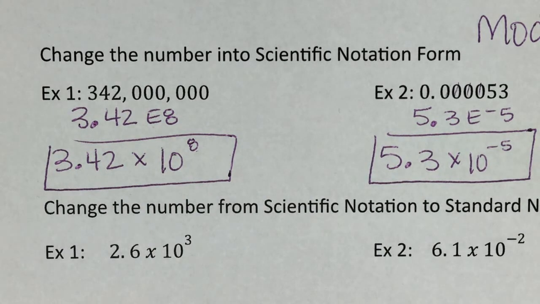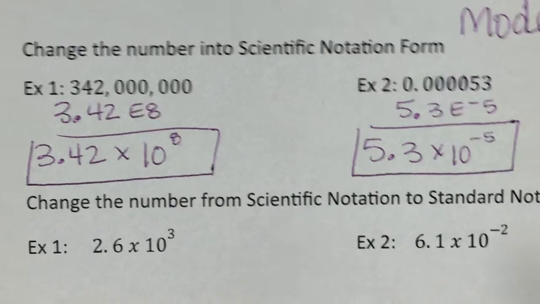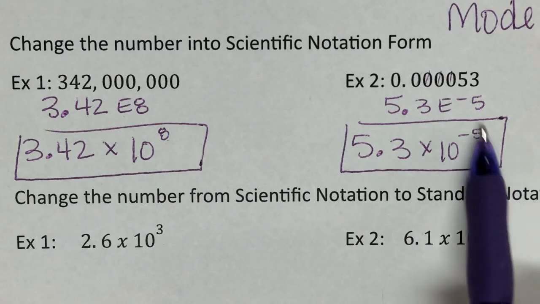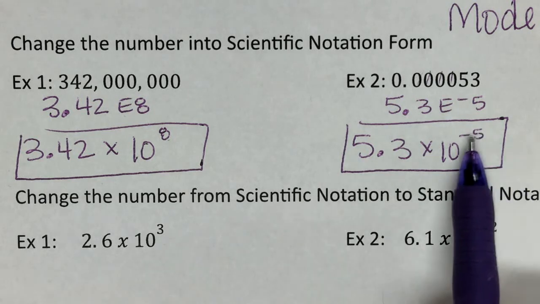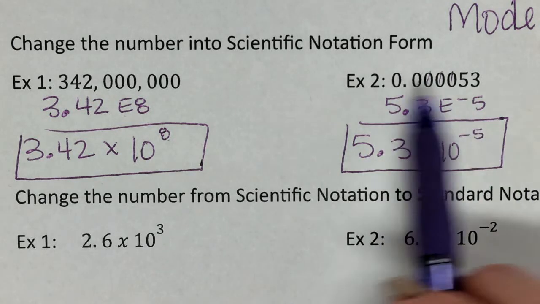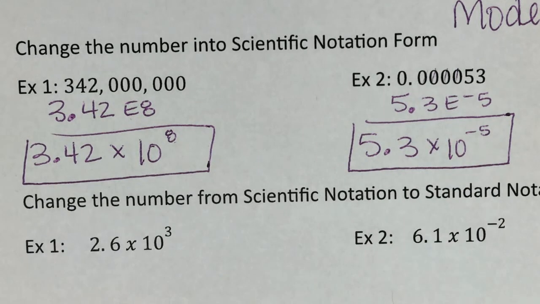I really don't know. But it's big. Okay? So when it's a really, really big number, the exponent will be positive. When it's a really, really small number, the exponent will be negative. Now, did this negative exponent mean that this number was negative? No, it just means that it was a really small number between 0 and 1. Make sense? Yes or no?